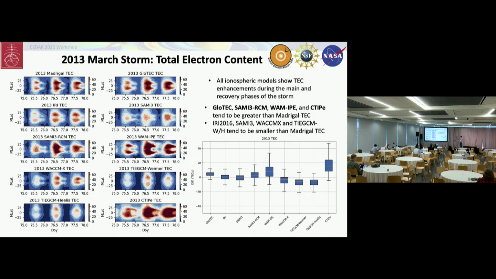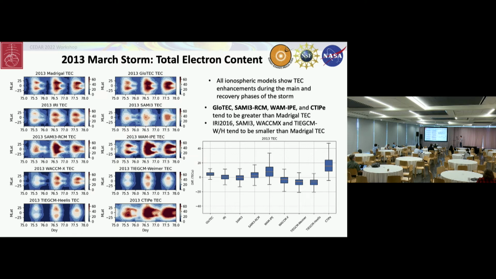It should be mentioned that almost all of the ionosphere models do show very significant enhancement during the storm time. You can also find that GeoTech, SAMI3 RCM, and CTIPe tend to be greater than the Madrigal TEC, and other models like IRI 2016, SAMI3, WACCM-X, TIEGCM, Weimer, and Helios tend to be smaller than the observations.